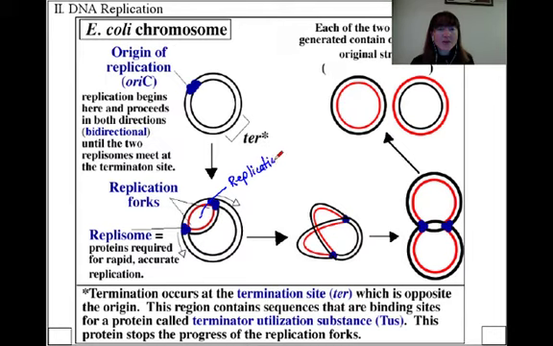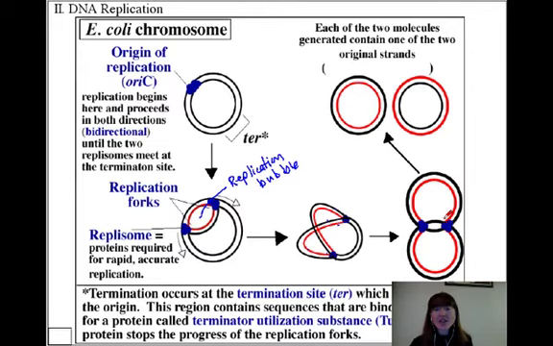Now, the replication bubble gets bigger and bigger and bigger as the replisomes head around the existing DNA, using it as template. So you can see here that now the replication bubble has become quite large. So there's an extension of that bubble with time until finally over on the other side it actually meets that terminator utilization substance and the process stops.